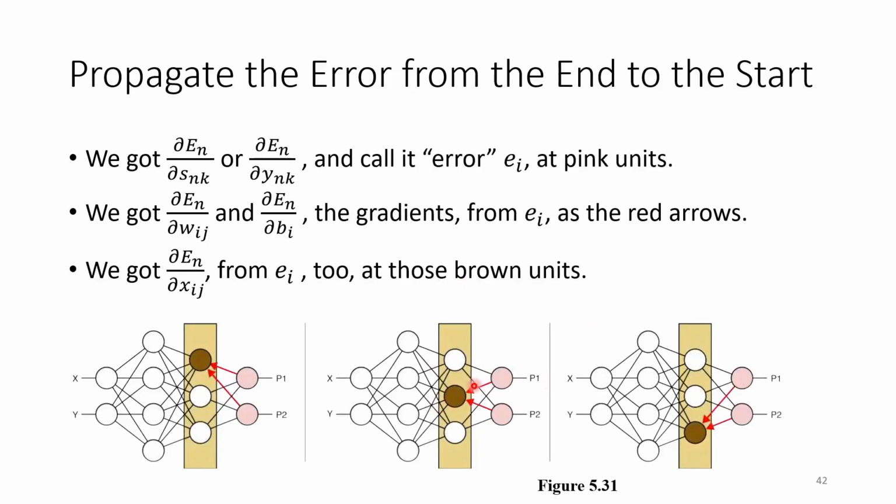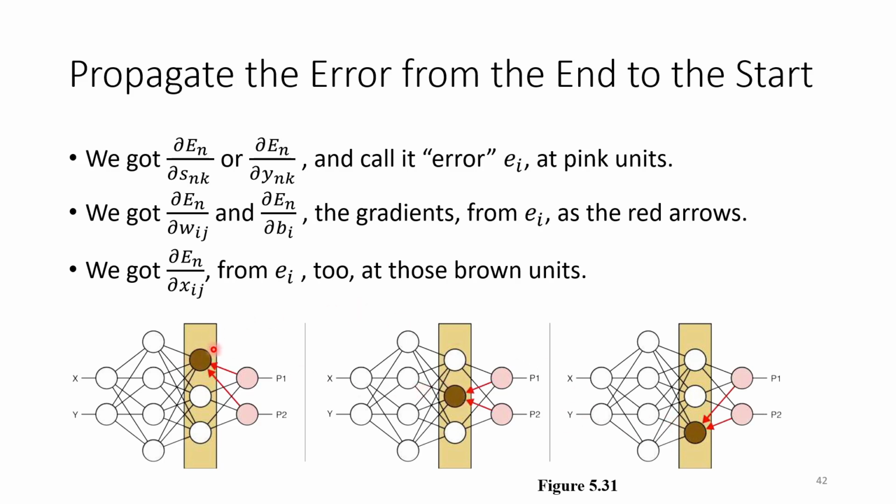Therefore, we get the error from the probabilities P1, P2, and through them to the latter two neurons. And then we propagate the errors from the two neurons to the neurons on the previous layer. Not only this one, but also this one and this one.